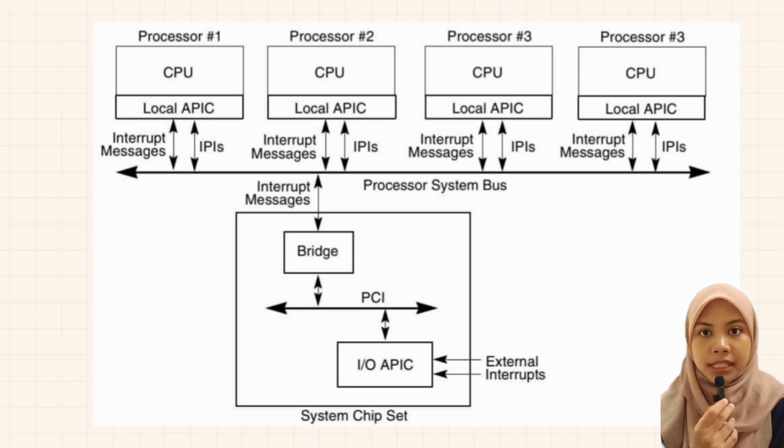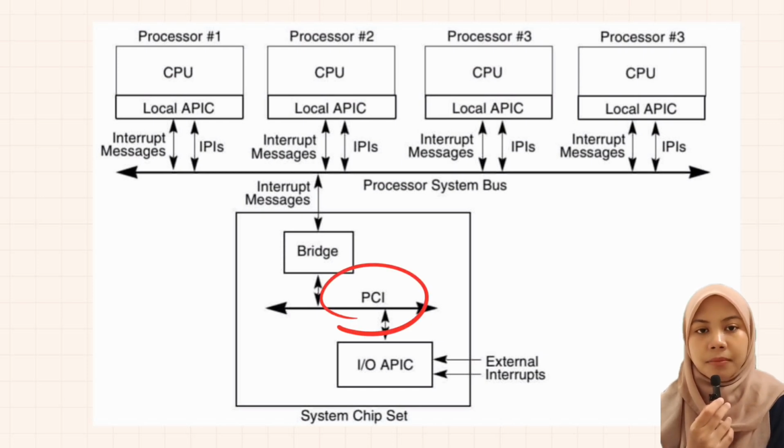It links the system bus, where the CPU and APIC communicate, to other technologies like PCI, or Peripheral Component Interconnect, which is a legacy standard for connecting external devices to the system, such as sound cards, network cards, and other hardware.